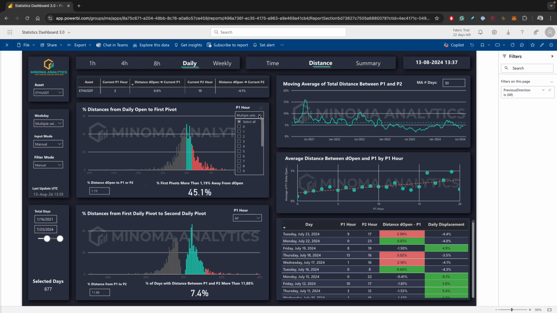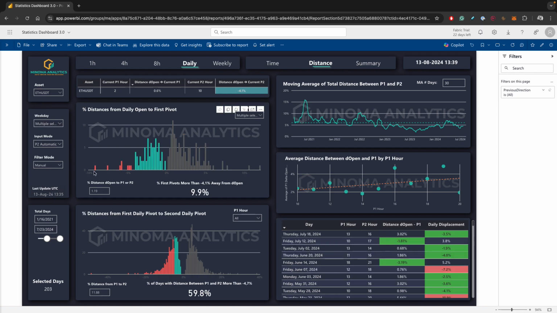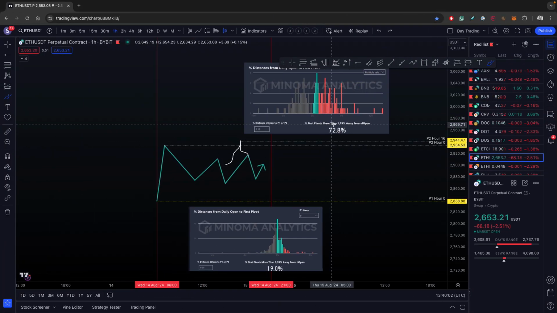If you have it like this, then you would have a good probability of how likely this current pivot is to be taken out for the rest of the day. Because now you're including all the hours that come later as well, all the days that have a P1 that was put in later than what we currently have. But for now, it is just important to understand that this can happen.